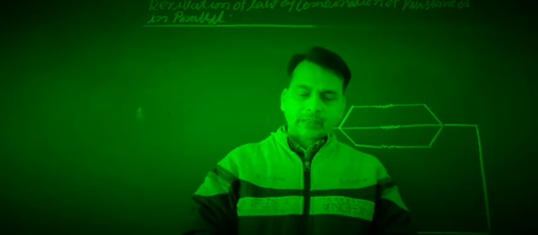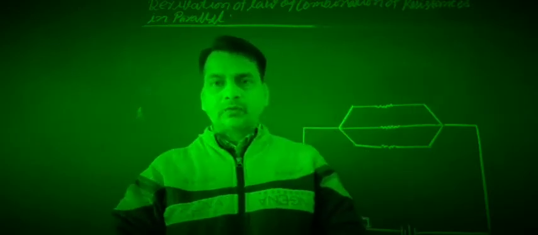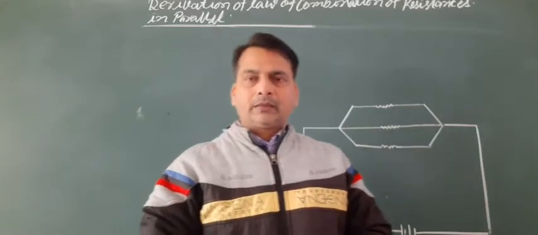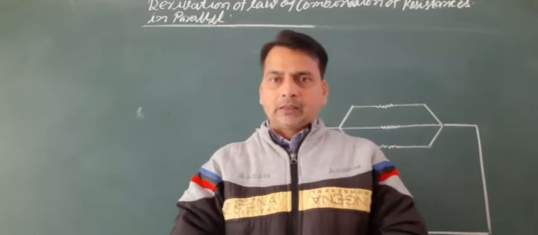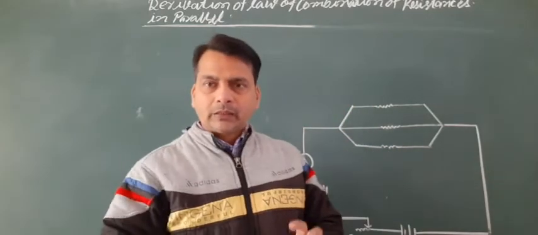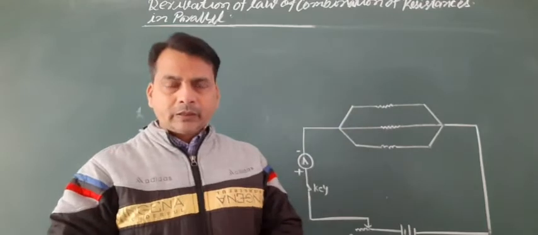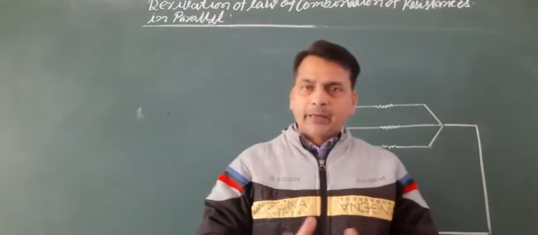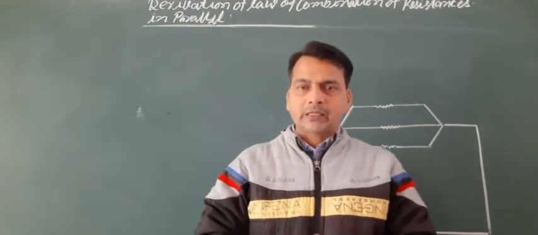First of all, we will discuss some important terms related to the parallel combination of resistances. Let us start with the first term, that is, parallel combination of resistances in a circuit.